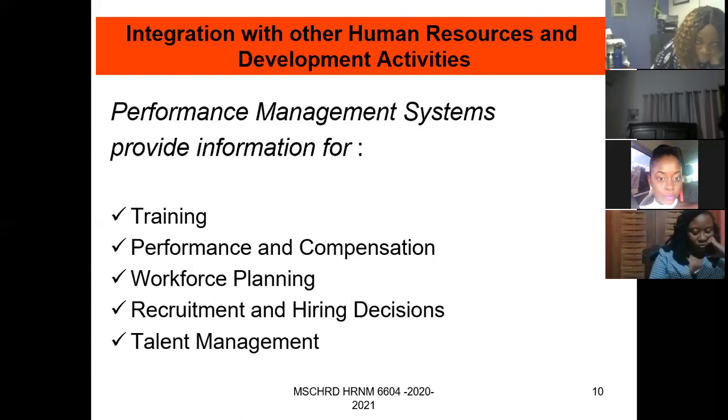Because you can't just design a system, not know where the link is to compensation, and then get up and say, I'm just going to use this appraisal now and decide who gets what. So it's a systematic process.